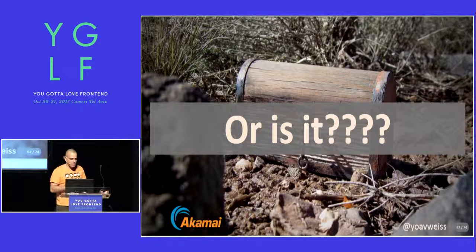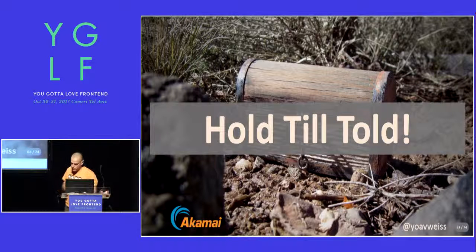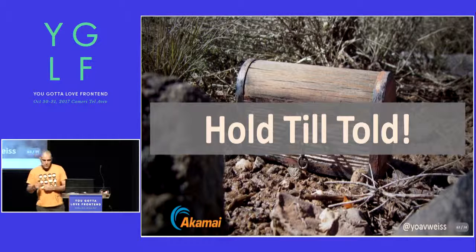there is an interesting pattern in the CDN world, which we like to call hold till told, where we use it for rarely changed content and declare it basically immutable at the edge or long-term cacheable at the edge, and then use explicit purge instructions so that the developer can notify us whenever that resource has actually changed.